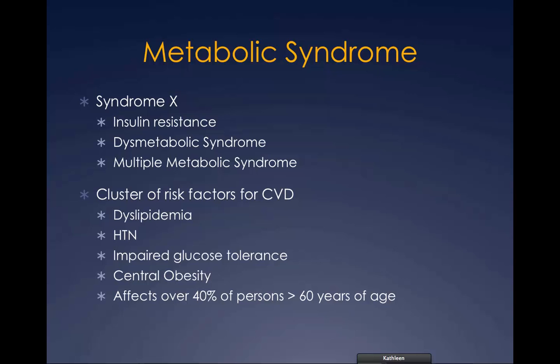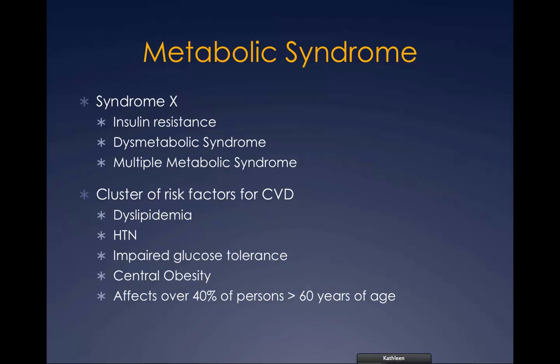Affects over 40% of persons over the age of 60 years. The ability of insulin to stimulate glucose disposal varies at least 6-fold in apparently healthy individuals, and approximately 1/3 of the population that is most resistant to this action of insulin is at greatest risk to develop a number of adverse clinical outcomes.